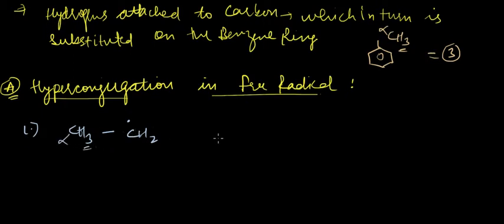As you can imagine, we can draw some resonating structures when we remove the H plus cation from this carbon atom, resulting in a negative charge, as we saw in hyperconjugation in the case of a cation.